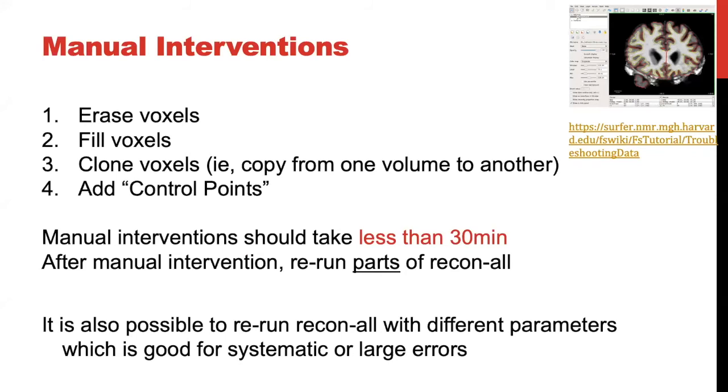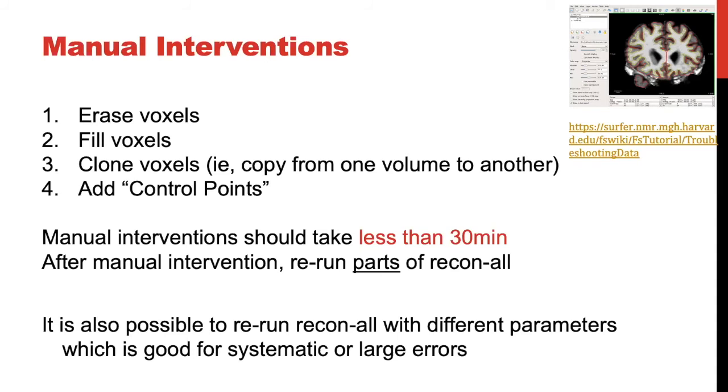These are the types of manual interventions that you most likely will perform on your volumes. The first is erasing voxels, filling voxels in, cloning voxels, and adding control points. When you make these edits, they should only take about 30 minutes or less.